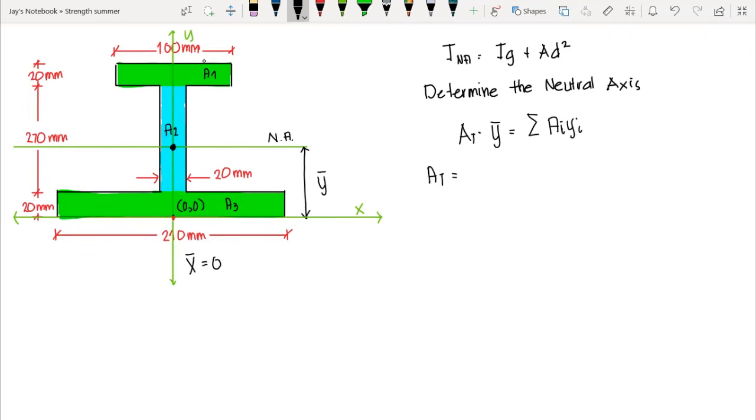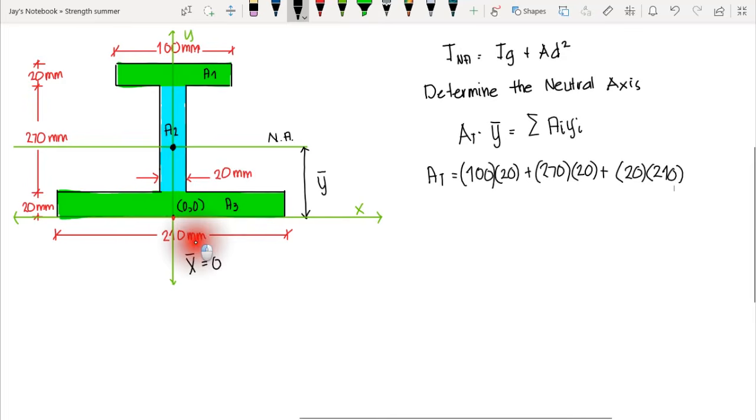Okay, so we have first area 1, that is 100, that's a rectangle, 100 times 20, plus area 2, that is 270 times the thickness of our web, that is 20, plus we have area 3, that is 20 times 210.